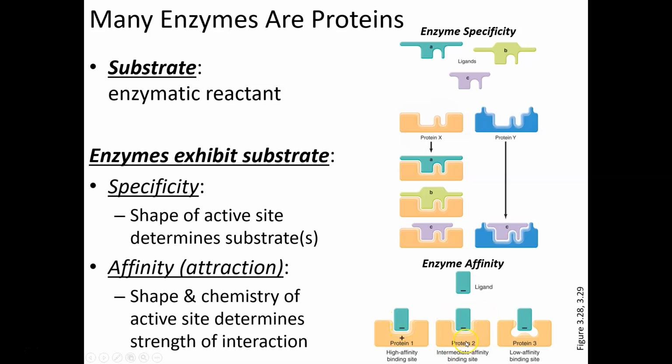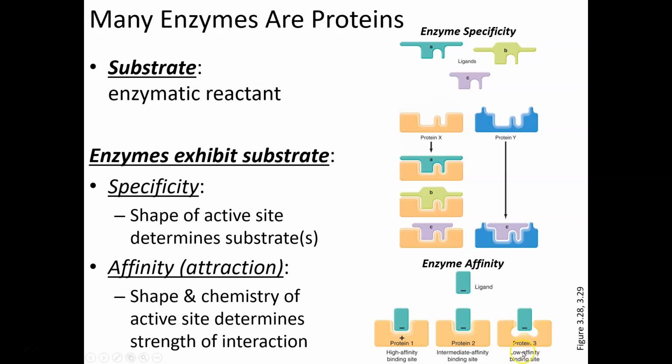If you look at the second one, right, there's no plus anymore. Remember, the plus was there, now it's gone. So this has an intermediate affinity. Yeah, there's a negative charge here, there's no corresponding positive charge there, but it can still bind because it has the right shape, it has the right specificity, and there's nothing to oppose the negative charge on the ligand.